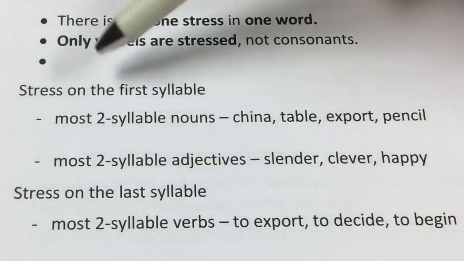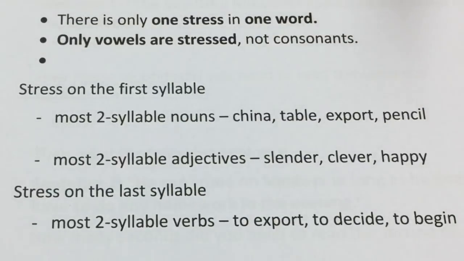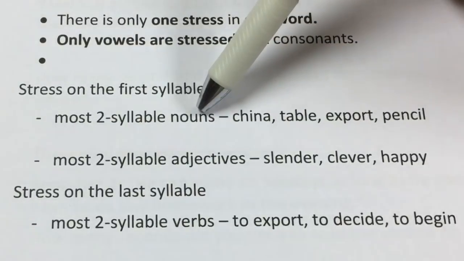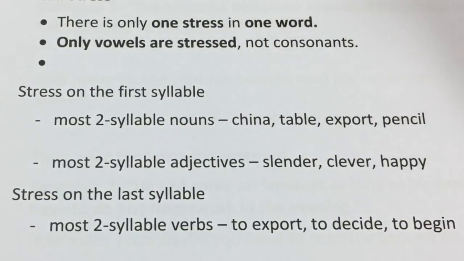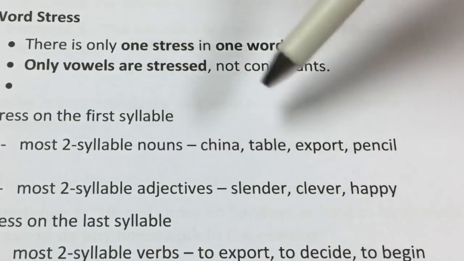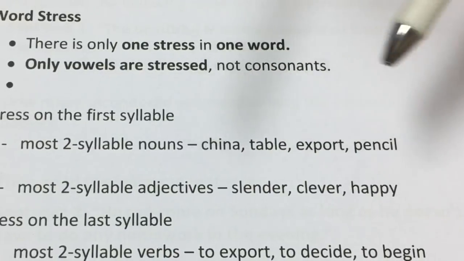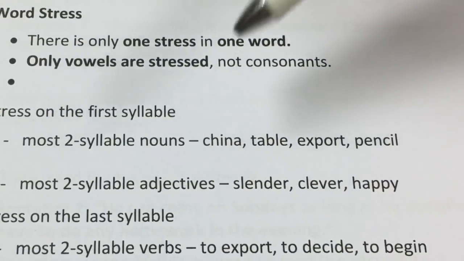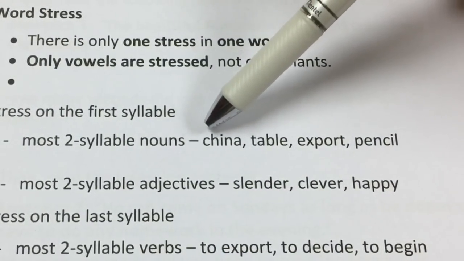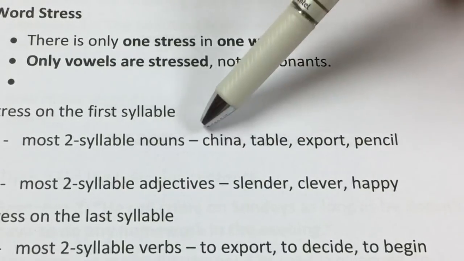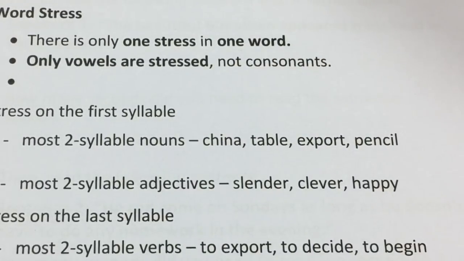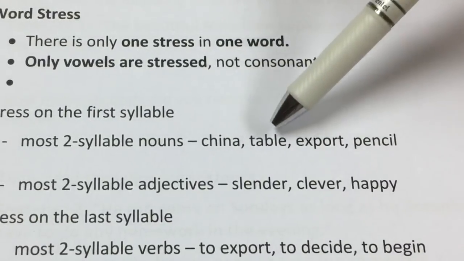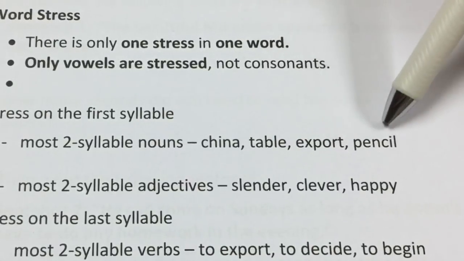Now let's see the words that we stress on the first syllable. Most 2-syllable nouns, we stress on the first syllable. For example, China, table, export, pencil. You see that I give the stress on the first one. Mostly Thai people will pronounce China, table, export, pencil with the stress at the end.